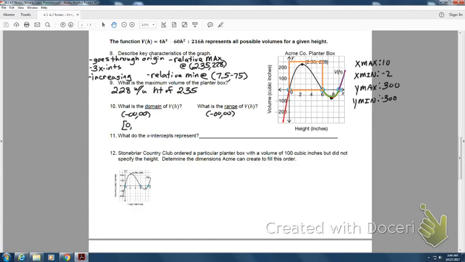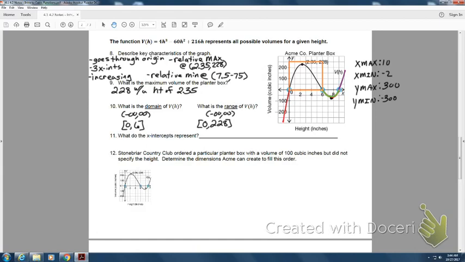What is the highest x value? 6. And then the range, what's the lowest y value of that area? 0. What's the highest? 228. And I'm putting brackets around both of those because they can be equal to those values.